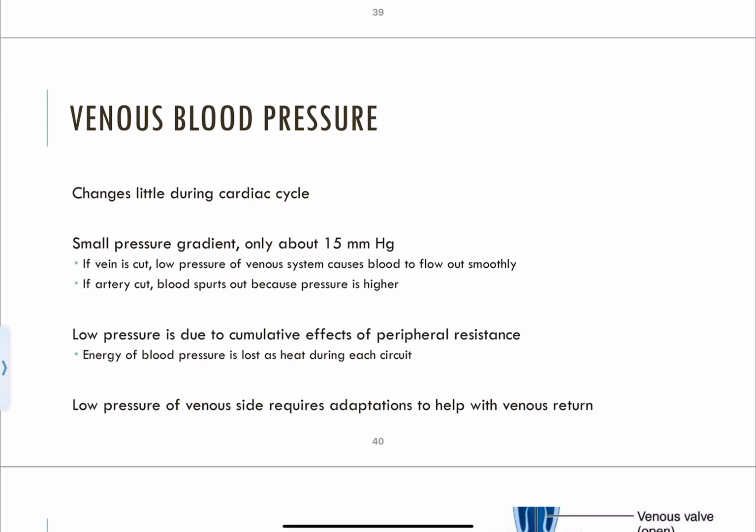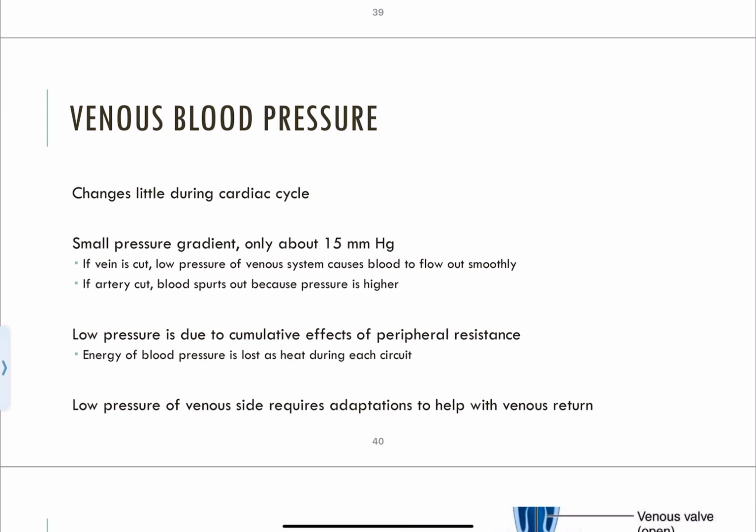Low pressure is due to the cumulative effects of peripheral resistance. The energy of the blood pressure is lost as heat during each circuit. So in A&P 1, you probably talked about energy conversions. Anytime you convert energy from one form to another, some is always lost as heat. So that's why we have a relatively high body temperature. The low pressure of the venous side does require some adaptations to help with the venous return.